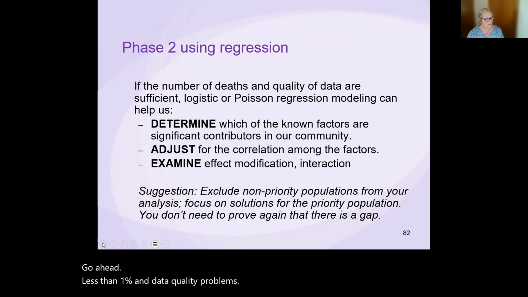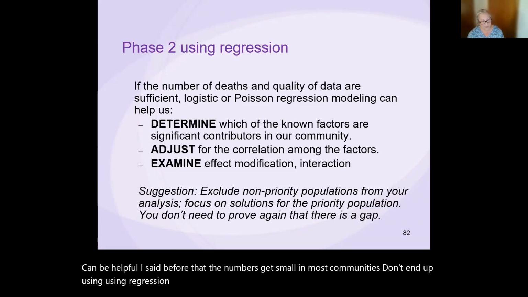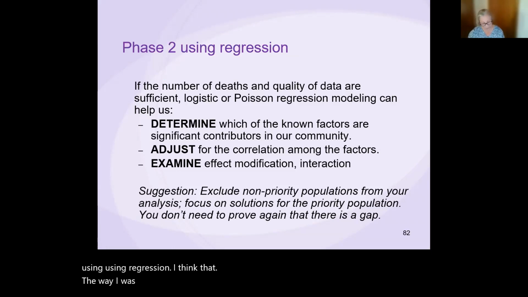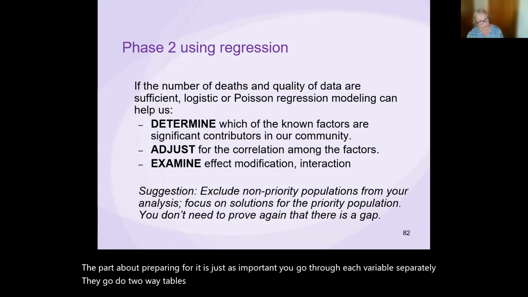So using regression can be helpful. I said before that the numbers get small and most communities don't end up using regression. The way I was taught how to do logistic regression, the part about preparing for it is just as important. You go through each variable separately, then you do two-way tables for each variable, three-way tables.